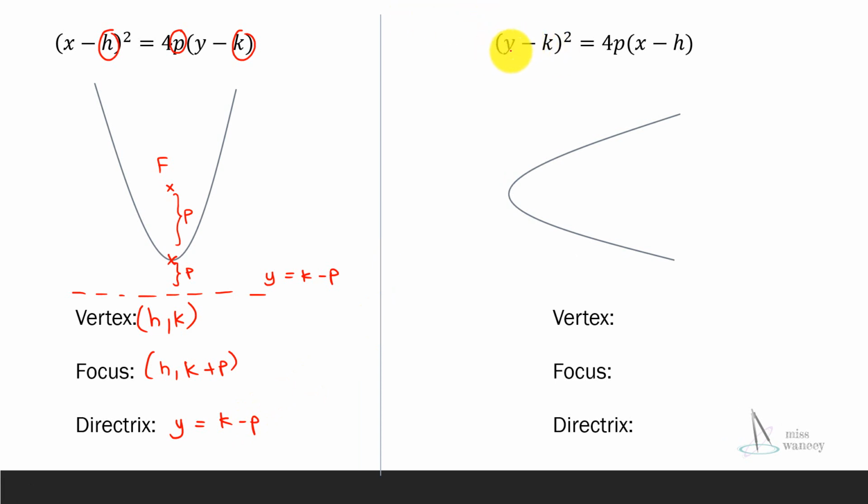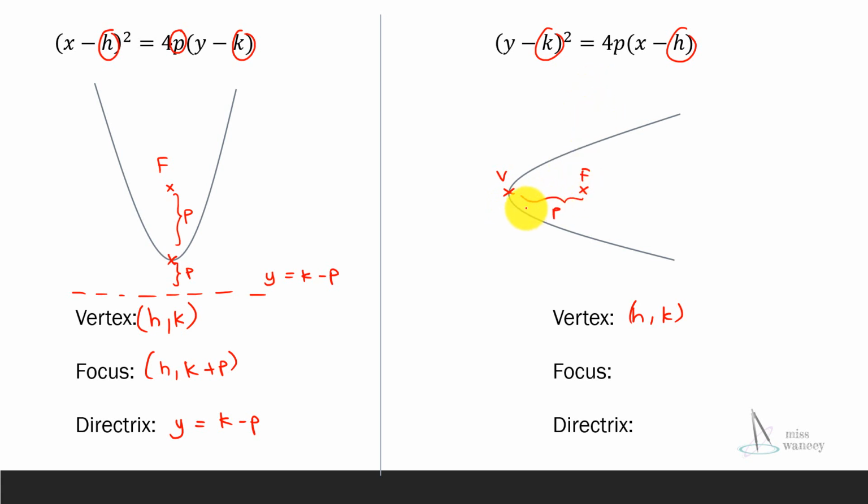Okay, so this one we have (y minus k) squared equal to 4p(x minus h). So take out the h, take out the k, that one will be your vertex (h, k). So the vertex is actually this point over here. The focus is somewhere inside of our parabola. So let me write down, this is our focus. So from vertex to focus, again the distance here is p.